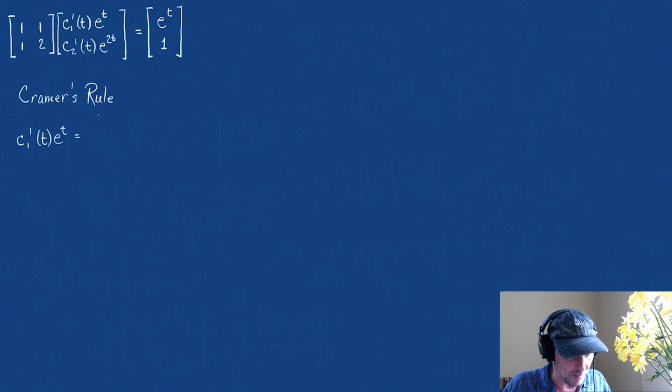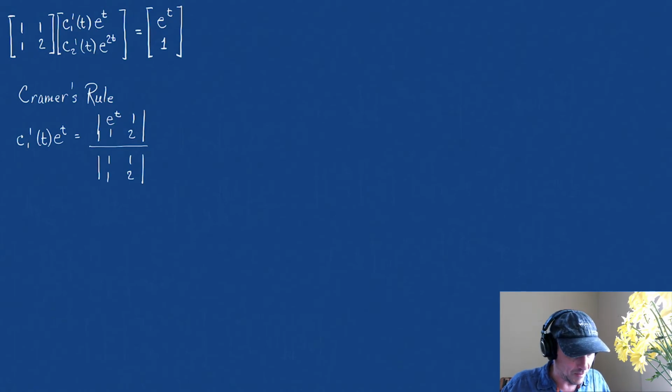Well, the determinant of b1 is e to the t, 1, where we put the b in the first column, then we put the second column of a, that's 1, 2, and we divide that by the determinant of a, 1, 1, 1, 2.